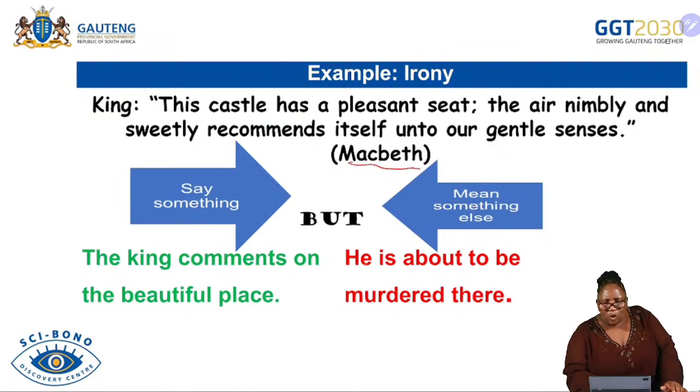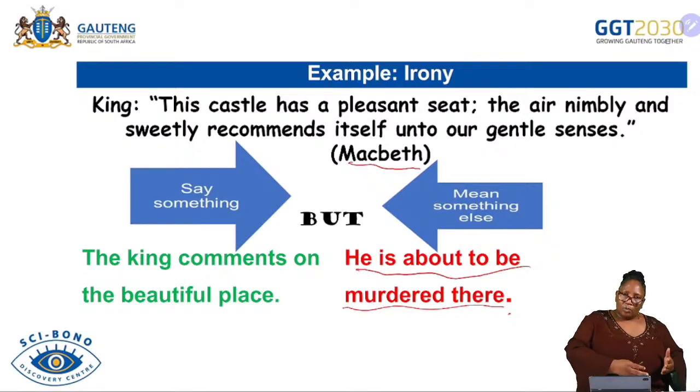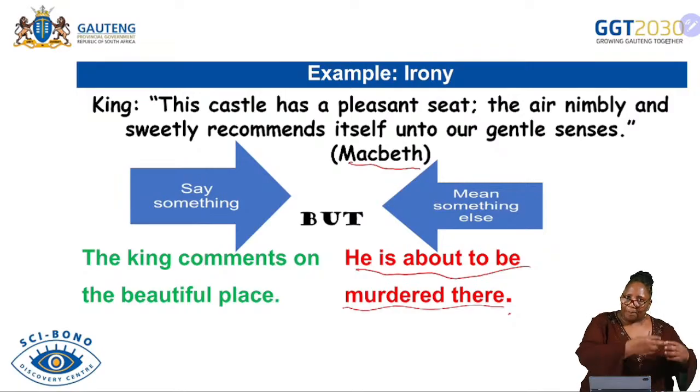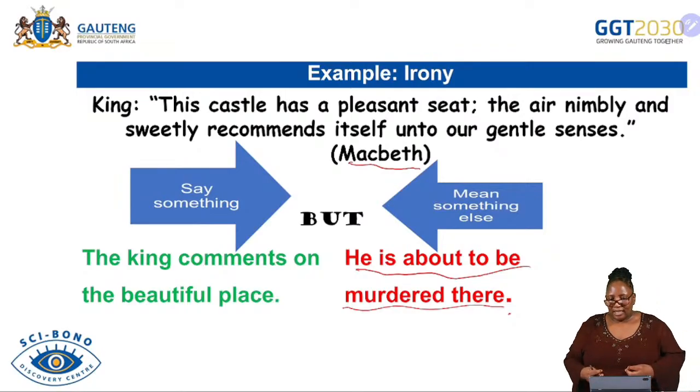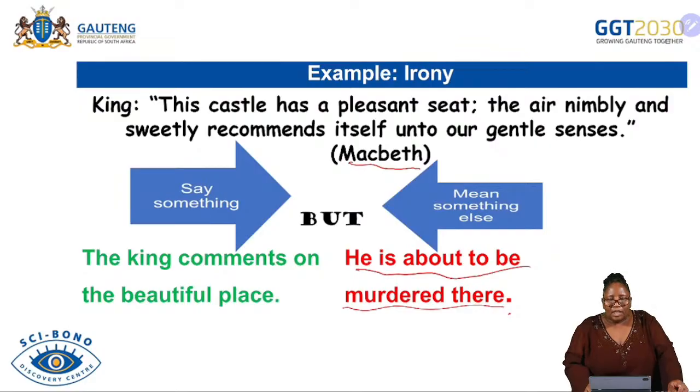Little does he know that he is about to be murdered there. So that is an irony. He says something, the beauty of the palace. But underneath that beauty, danger is lurking. He is about to be murdered there. So that's how we explain an irony.